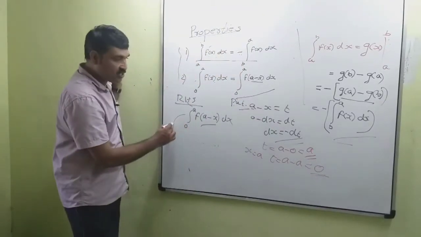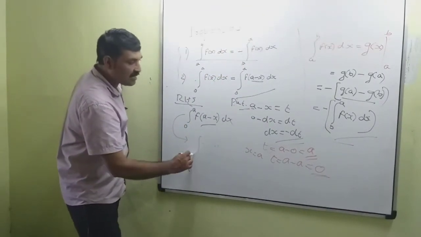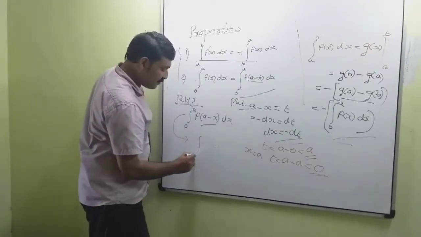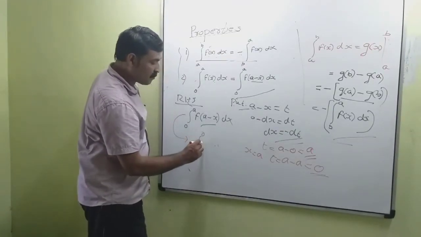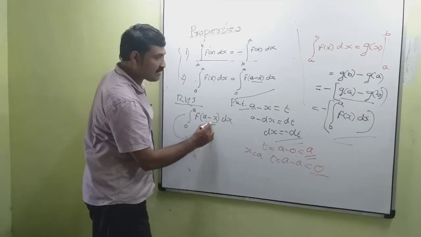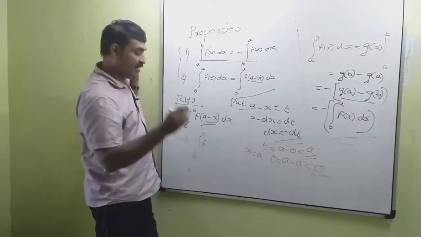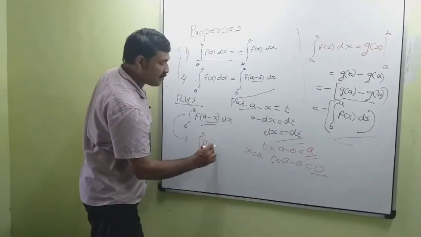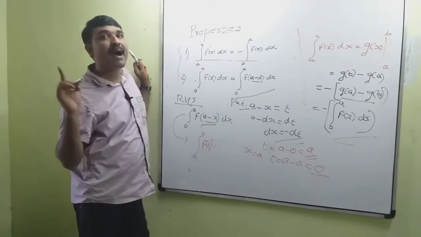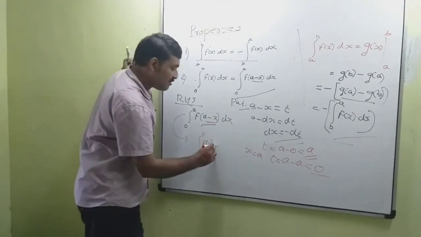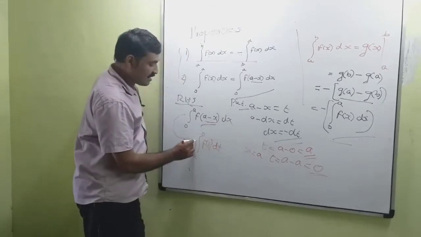So this integration becomes integral, lower limit a, upper limit 0, f of a minus x, that is replaced by f of t, and dx is replaced by minus dt. So into dt, the minus is taken outside.